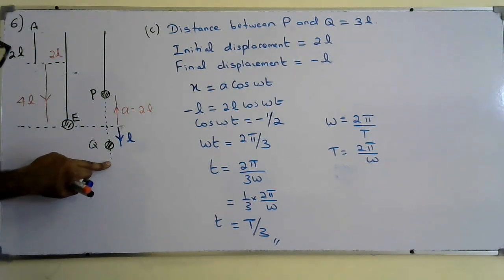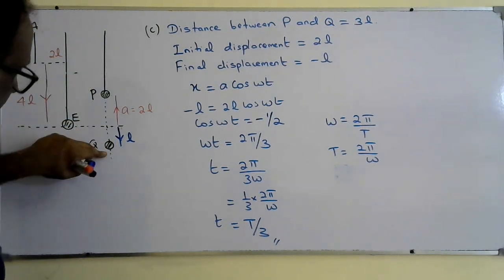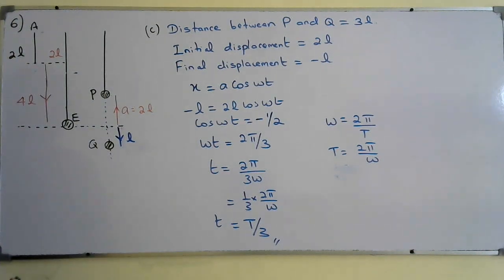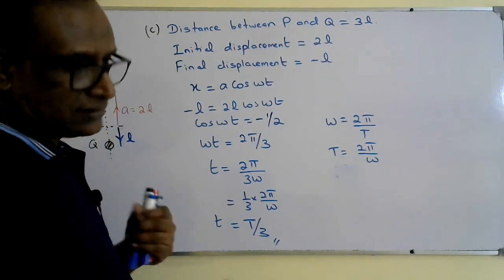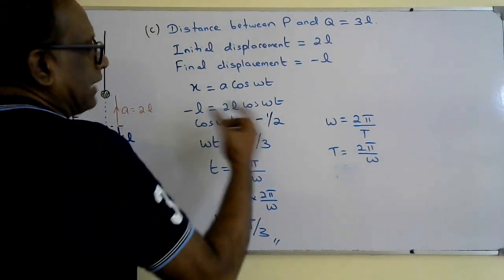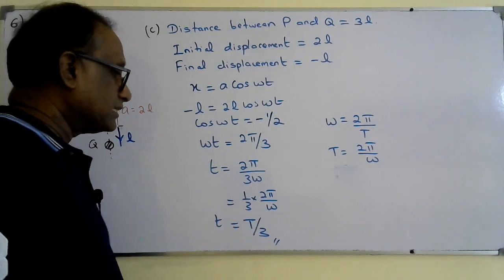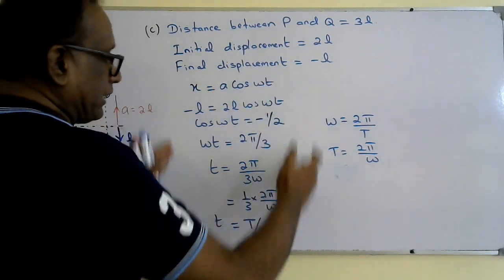You can find it again by using x equals a sin omega t. That is T2. If you have confusion about substituting this minus L, that's nothing actually. I made a mistake: this half, I put it as minus 1, it's actually minus half. Anyway, otherwise this is easy, quickly you can get it.